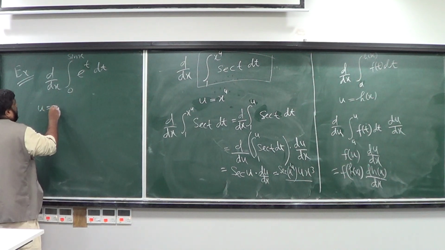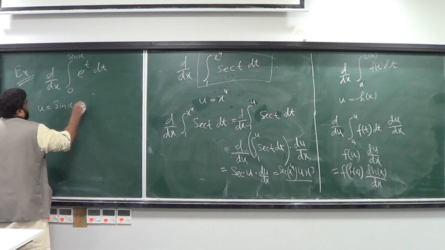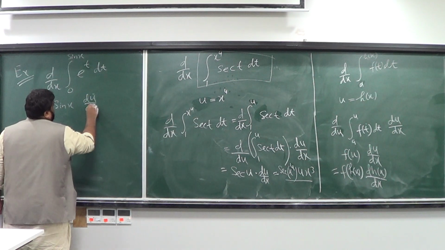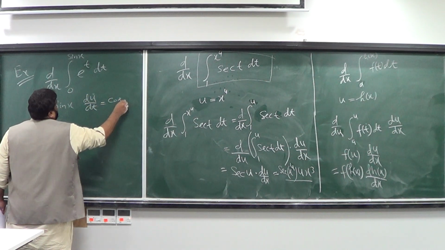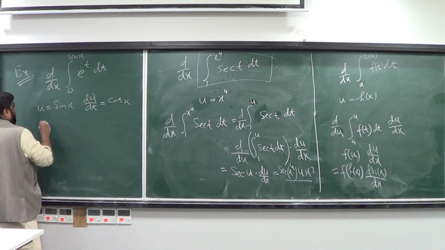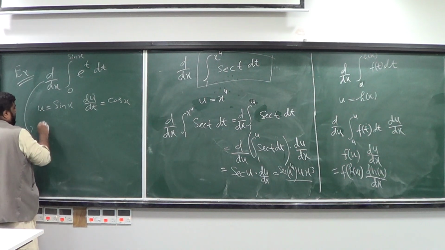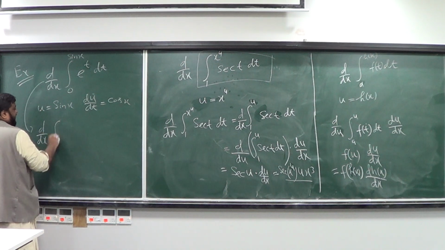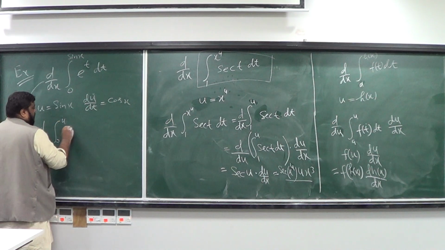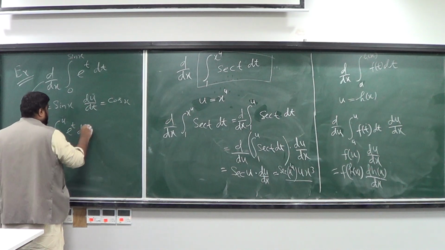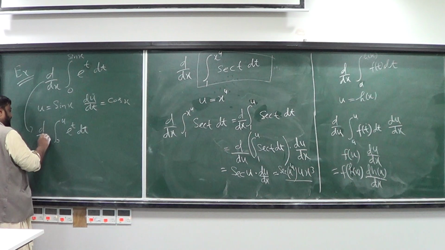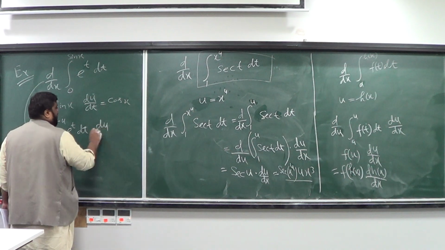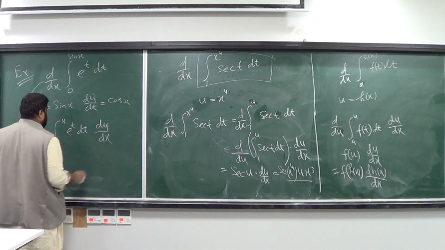Let's take u to be sine x. I know that du by dx is going to be cosine x. This integral, with this new notation, is going to be d by dx of the integral from 0 to u of e to the t dt, where I can apply the chain rule, times du by dx.